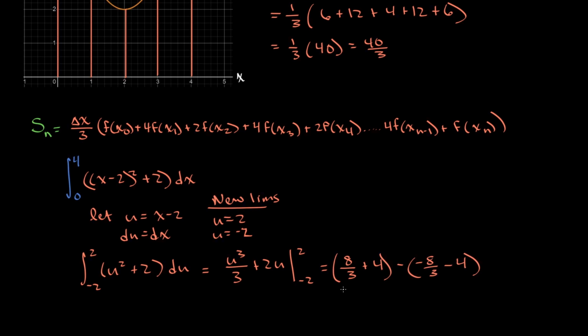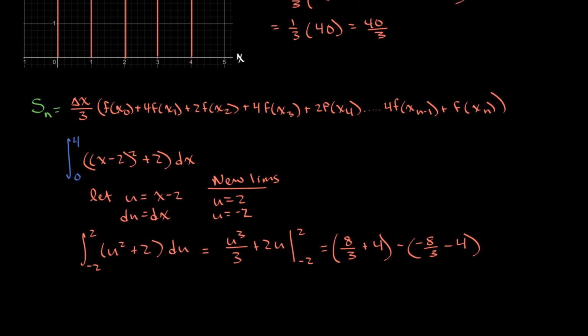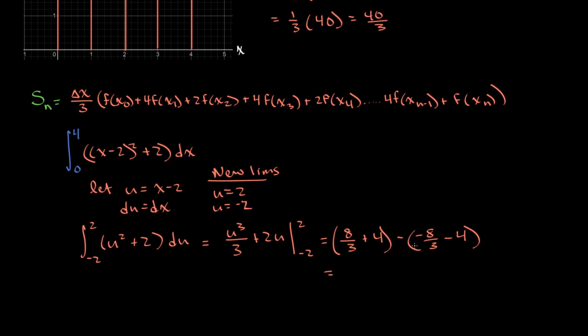Summing these up, this is 8/3 plus 8/3, so 16/3, and then 4 plus 4, so that's 8. We can get a common denominator of 3, so this is 16/3 plus 24/3, and that comes out to 40 thirds.